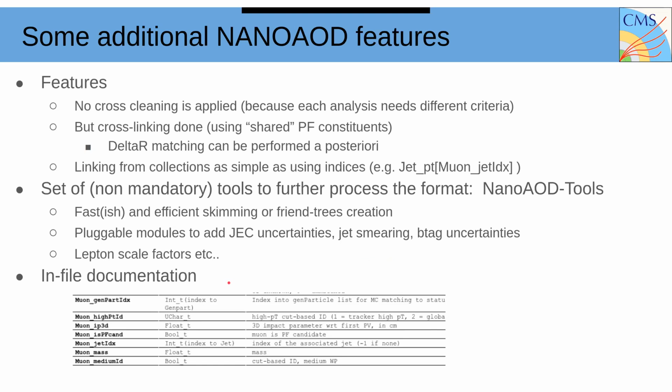Last thing, which was also touched on earlier in the other talk, is the documentation. For such a high-level format, it is really hard to figure out from the code what a given variable is. You will need to navigate back a couple of steps, because to understand what this variable is, you may need to get back to the MiniAOD, and then you also need to understand how it was created in the MiniAOD, then you get back again and again.